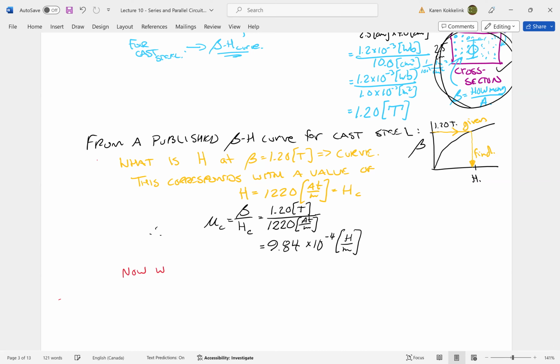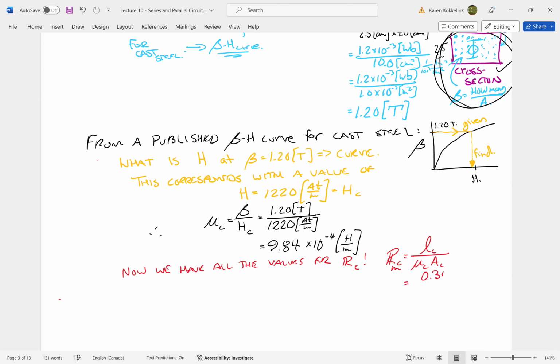Now we have all the values for RC. Great. So let's calculate RC. RM, which is the magnetic reluctance of the C section, is LC, the mean path length we calculated before, over permeability, which we just calculated, times the cross-sectional area, which was pretty reasonable to calculate.